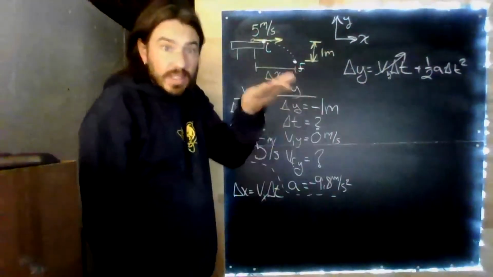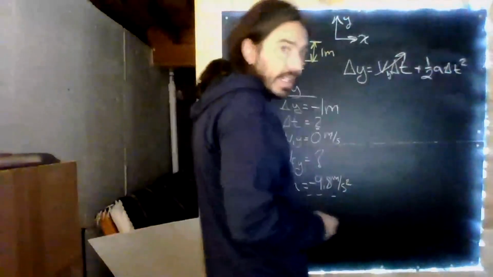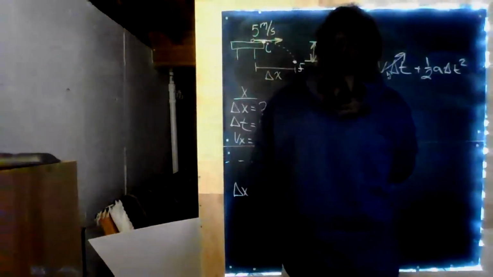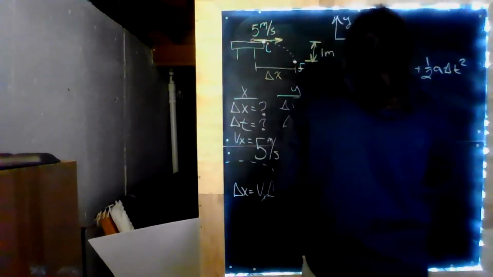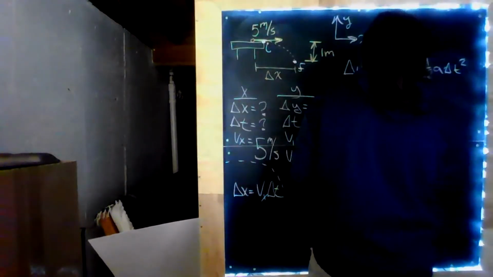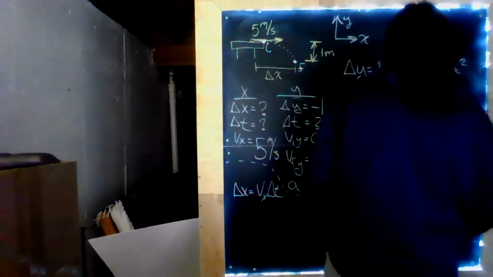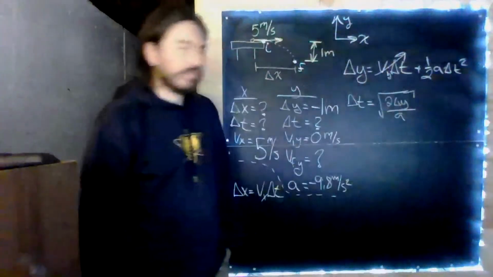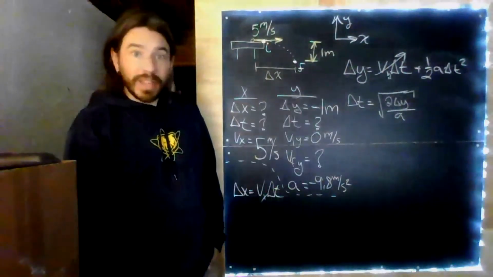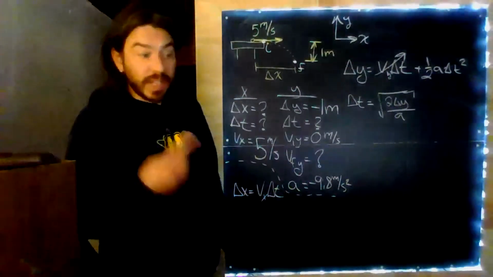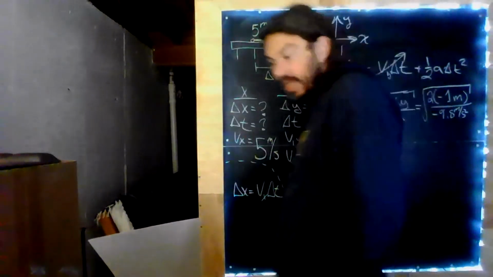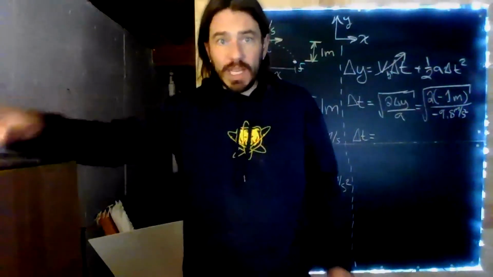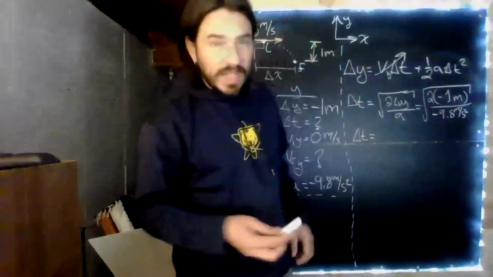And so now I can just do a little bit of algebra. Isolating delta t, we get that delta t equals the square root of 2 delta y over a. Well, we know all that information, so we can just plug in our numbers and run our calculator. And when we do that, we get 0.45 seconds.